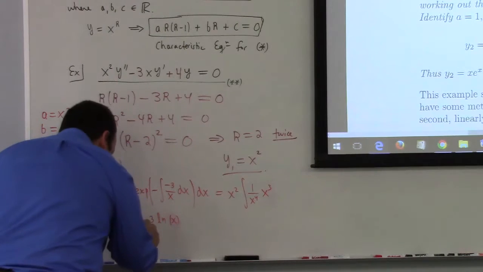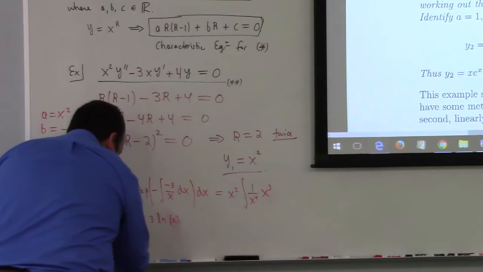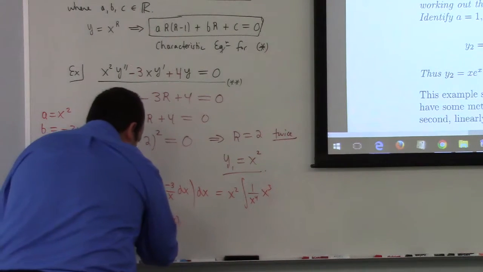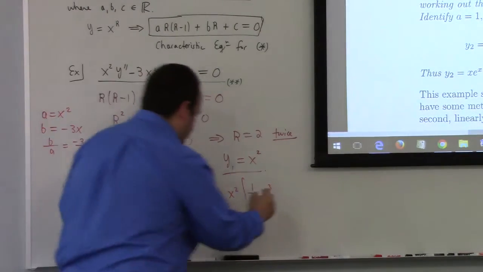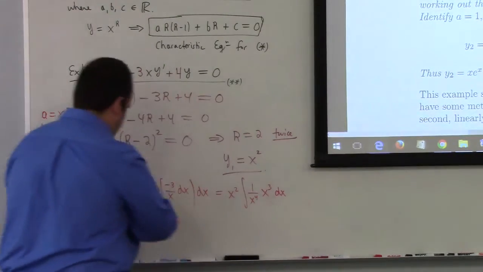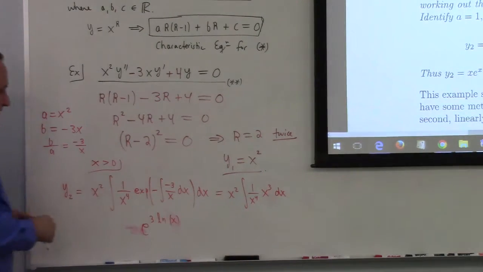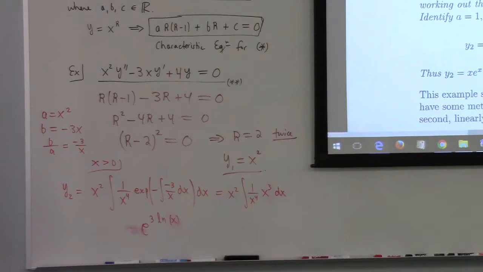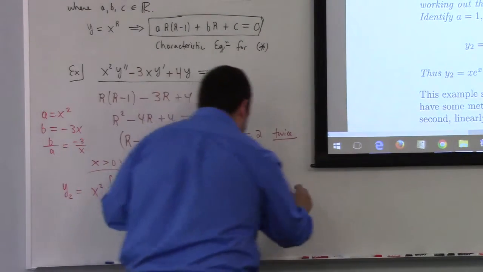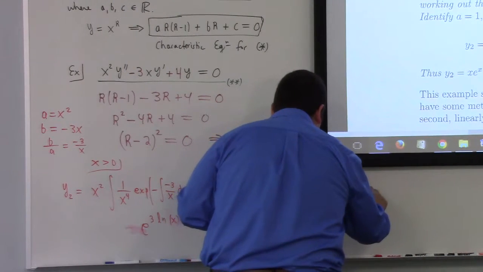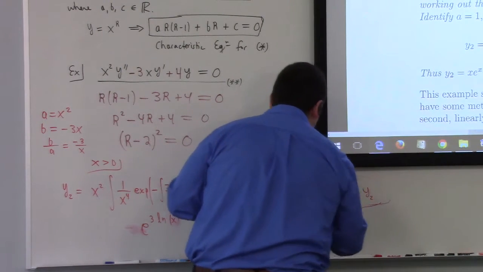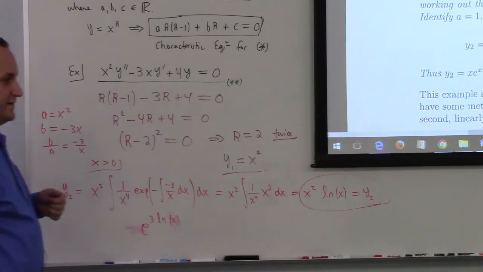Because we get the exponential, we get e to the 3 of this stuff, right? So in other words, this piece, the exponential integral piece, is just x cubed. So we've got x cubed over x to the 4th. So that's 1 over x, right? So we get x squared log of x. There's your second linearly independent solution.